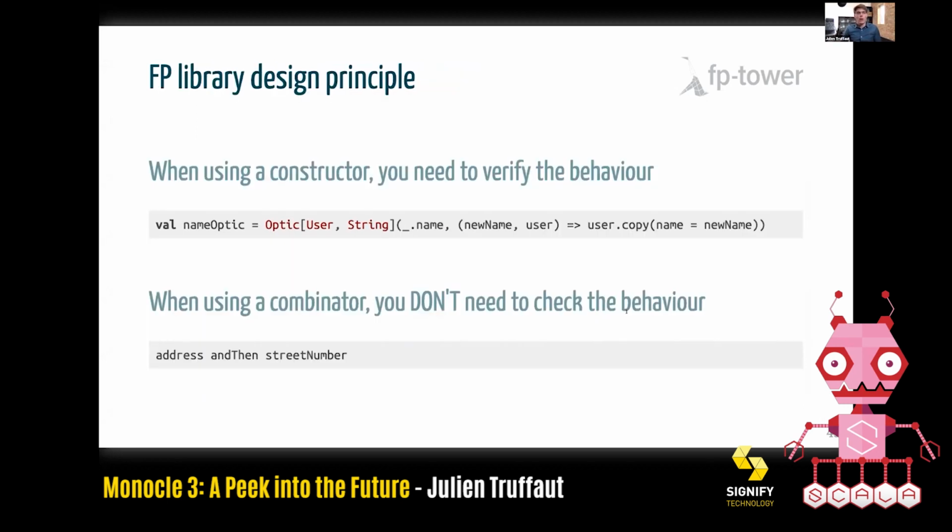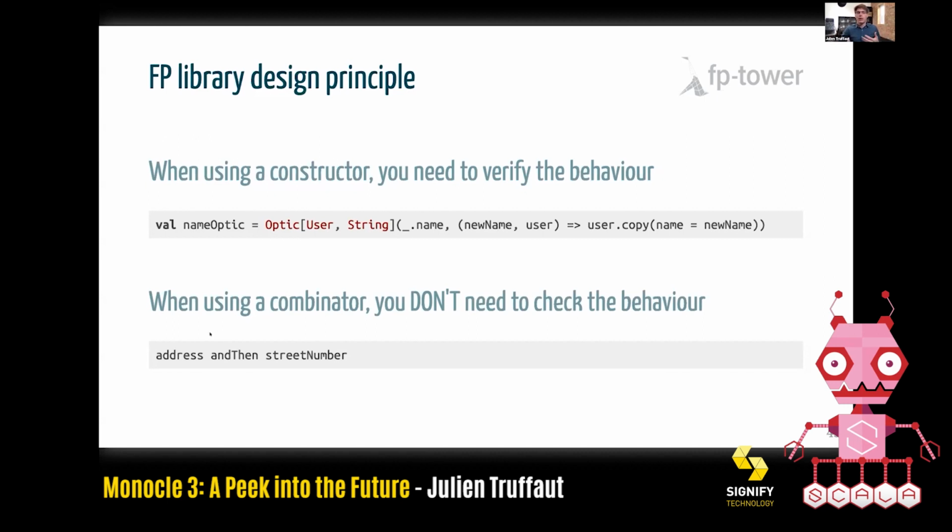A thing we need to discuss here is that there is a kind of unspoken FP design principle that says you have two kinds of things in libraries. You have constructors, if you want to create an object from scratch using basic operators, and you have combinators.